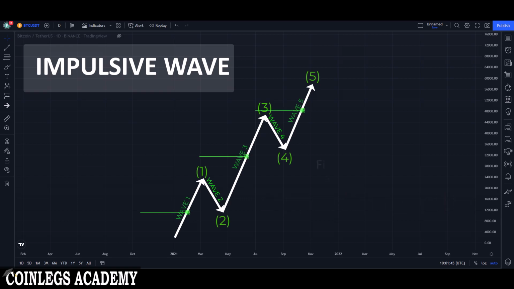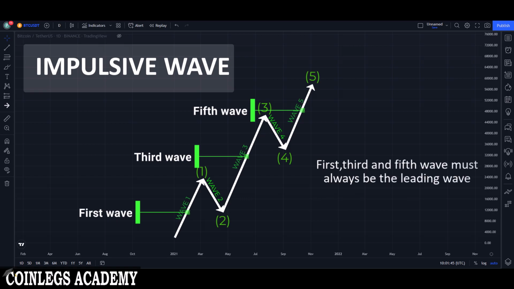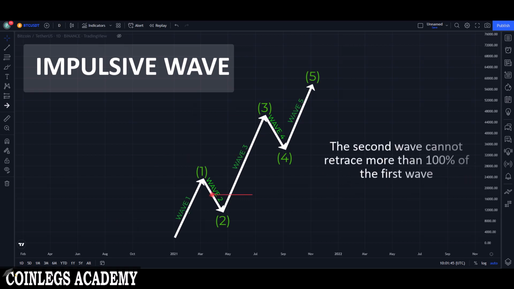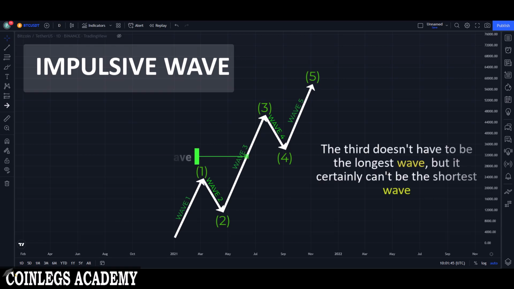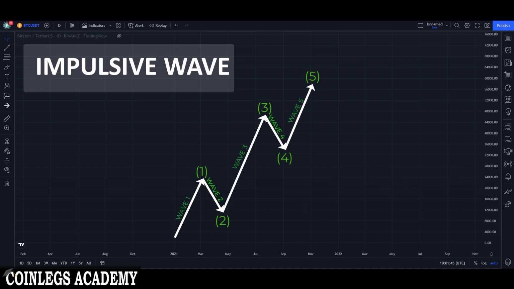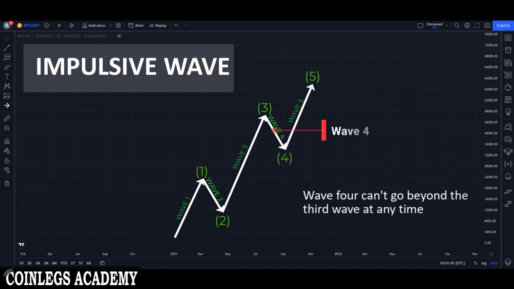First, third, and fifth waves must always be leading waves. The second wave cannot retrace more than 100% of the first wave. The third wave doesn't have to be the longest wave, but it certainly can't be the shortest wave. Wave 4 can't go beyond the third wave at any time.